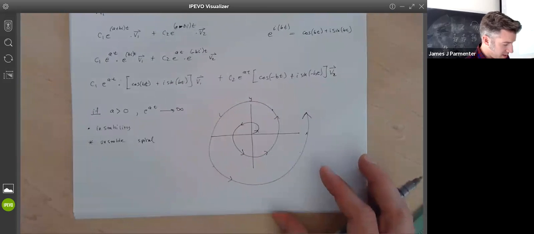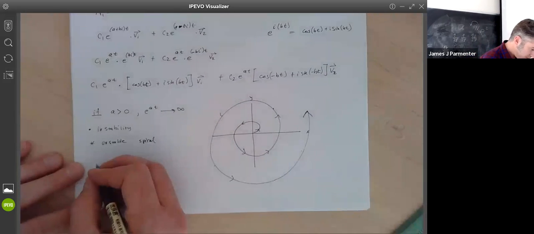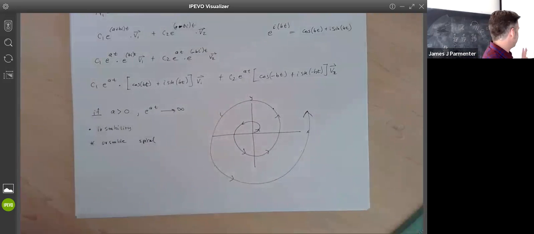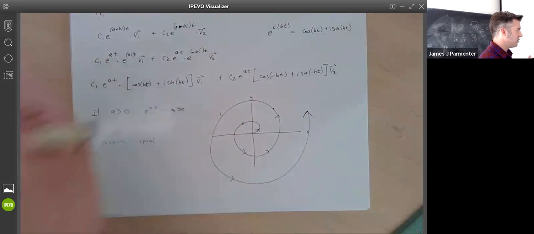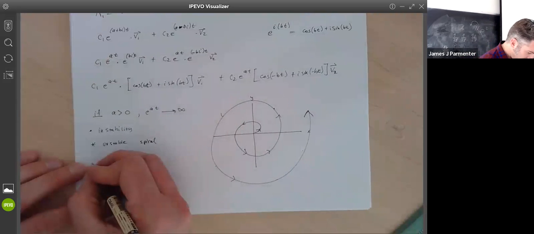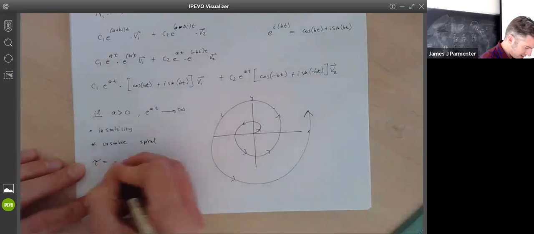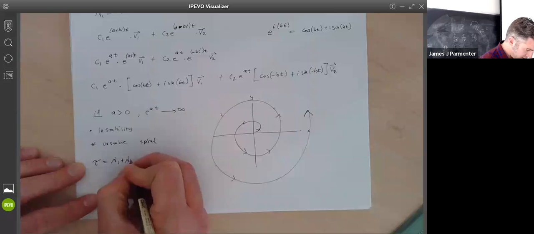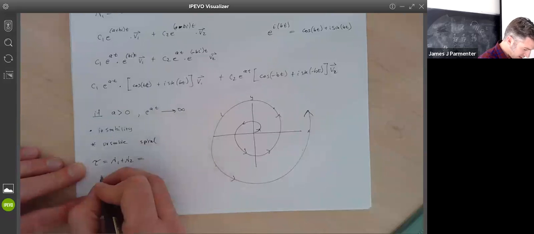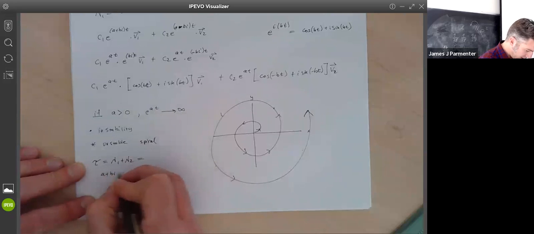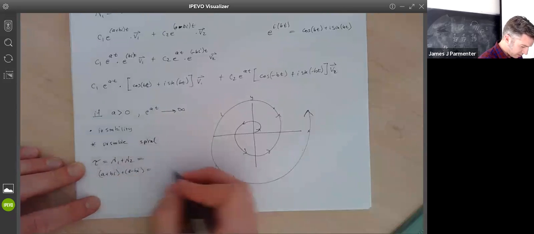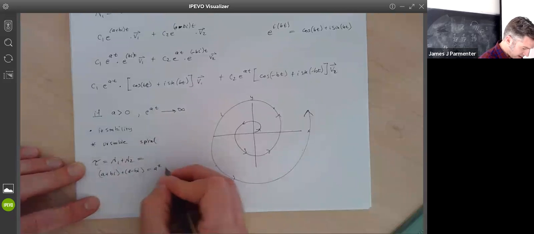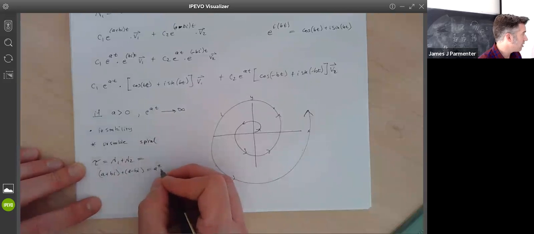One thing I want you to see here is that the thing about the trace is still true, meaning the trace, which is lambda 1 plus lambda 2, is a plus bi plus a minus bi, which is going to be a squared plus b squared.